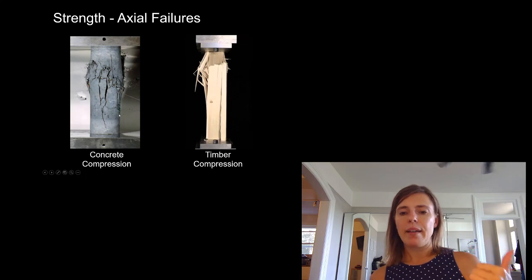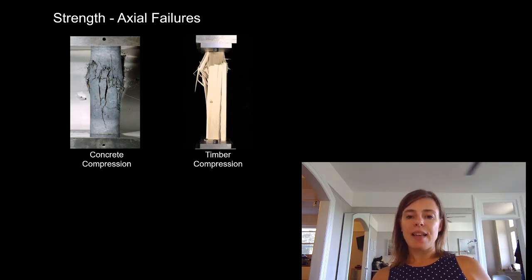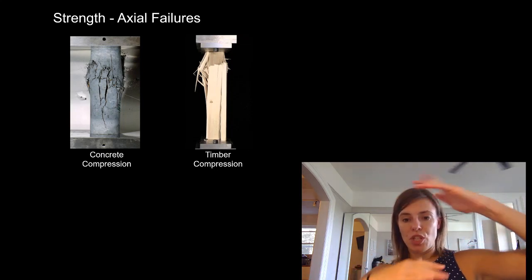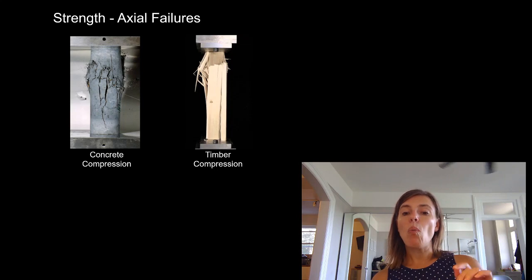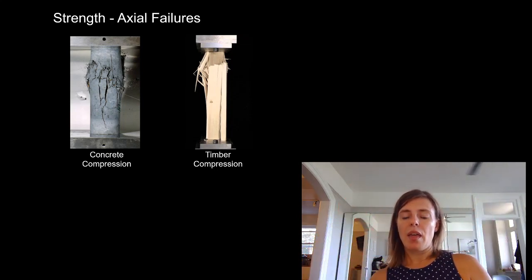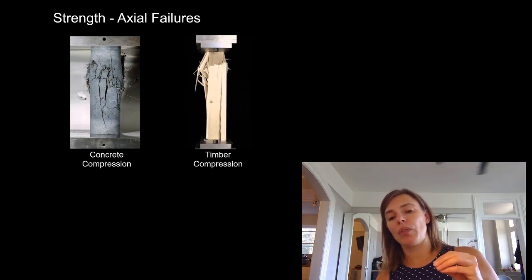They take them back to the plant, store them on a shelf, and at 7 days and 28 days, they test them in a compression machine just like this. And they see what load these things squash before they pop apart. And when they squash, we know what the strength of that concrete is. And then we check and see if it meets what the design requirements were on the drawings.